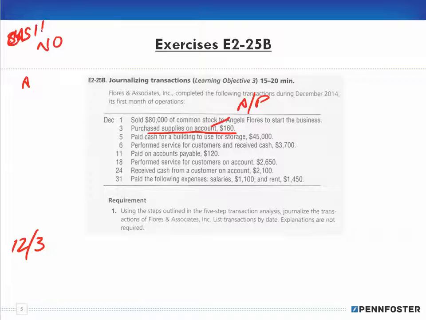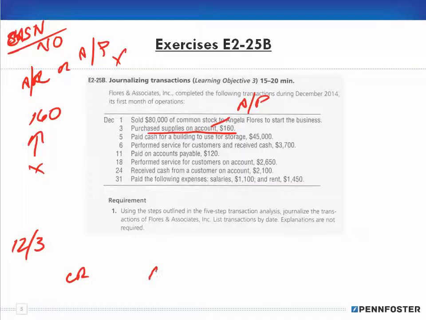Then I ask, am I affecting accounts receivable or accounts payable? And the answer to that is yes. I'm buying the supplies on account. So if this was the balance in my payable account and I'm increasing it by $160, that means I'm going to end up crediting accounts payable for $160.